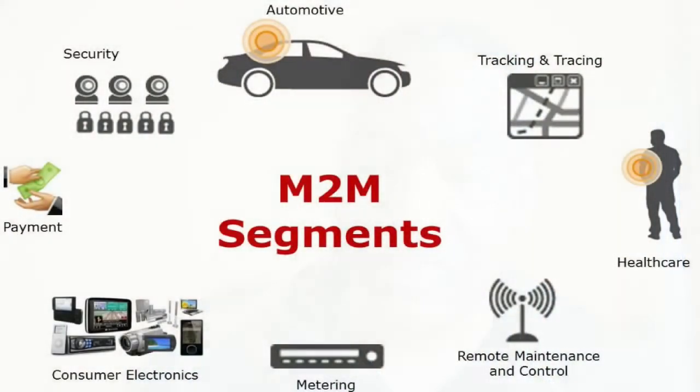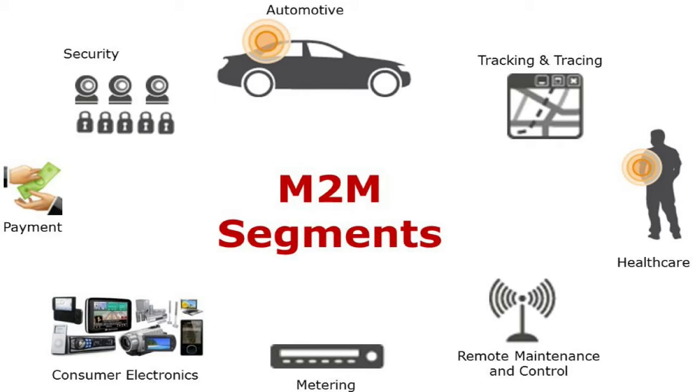IoT is typically wireless. These machine-to-machine systems collect data and share it with other connected devices. It's the technology that allows devices without the use of the internet to connect between devices. Get it? Machine to machine.